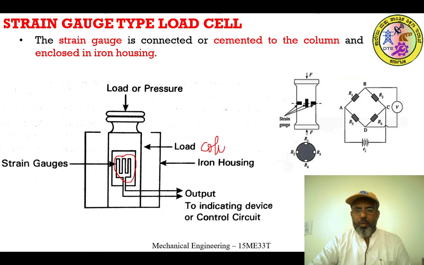This is the loading column. Strain gauges are cemented to the loading column, and these are enclosed in the iron housing. This is the iron housing.